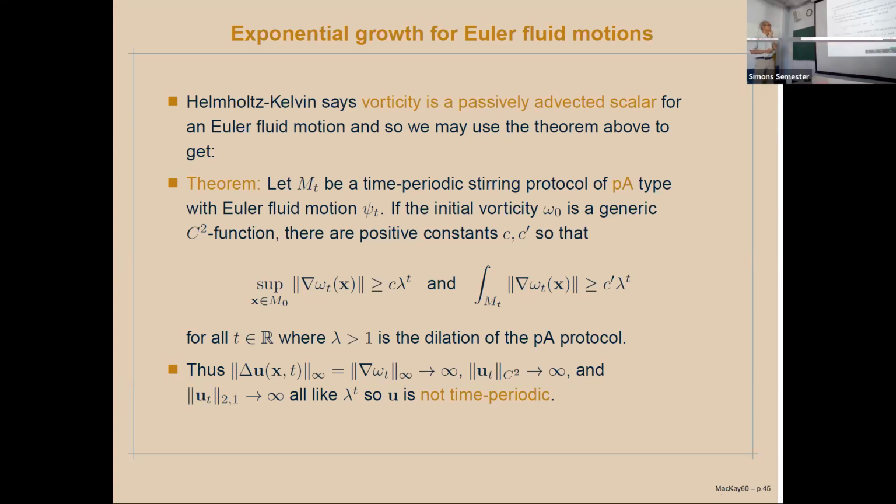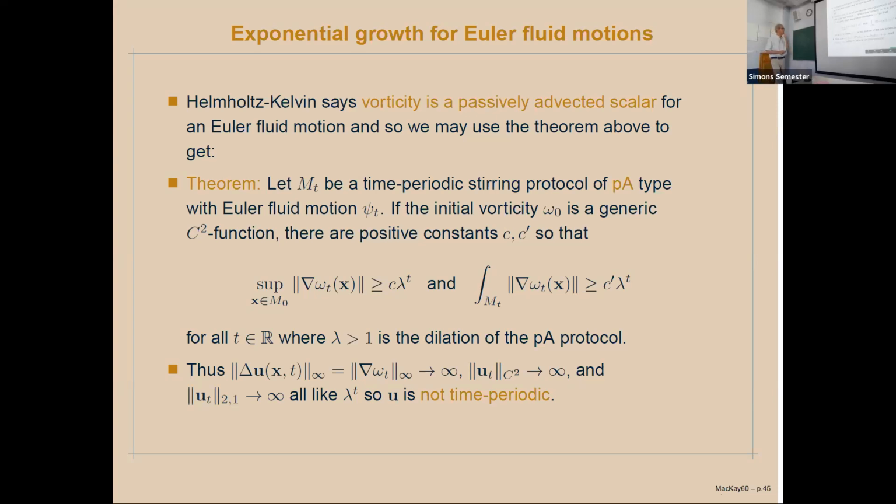All right, so now what do we need to know? We have a time periodic protocol of pseudo-Anosov type. That means we have a bunch of disks, we move them in some complicated fashion, and then we hit it with our big theory and declare it's pseudo-Anosov. We then have a fluid motion given by this. Again, the hypothesis: our initial vorticity isn't anything, it's a generic C2 function.